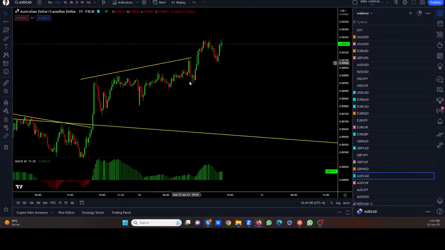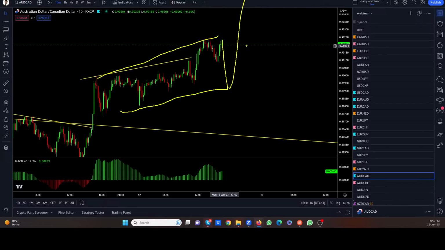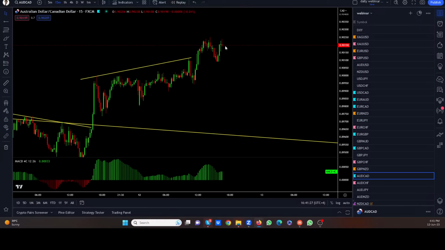Yeah, I hate to use this one. Let's see if we get a deeper pullback here. Let's see if this one makes a deeper pullback, and then we can go with this flat and upside. If not, let them consolidate here. Let it stay in that sideways consolidation for a while, and then we buy it tomorrow.